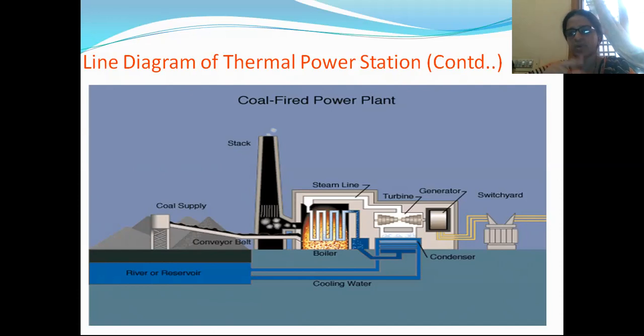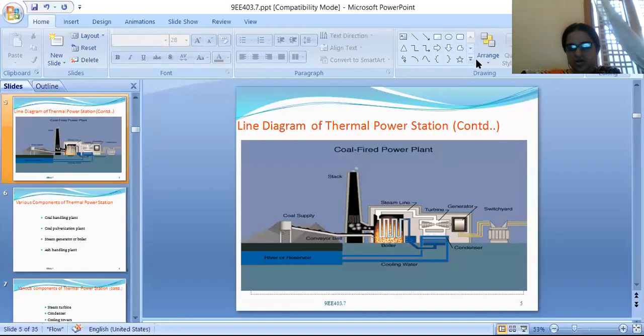As the cooling water is passed through the condenser, the water from the river or reservoir brings down the temperature of the exhaust steam.